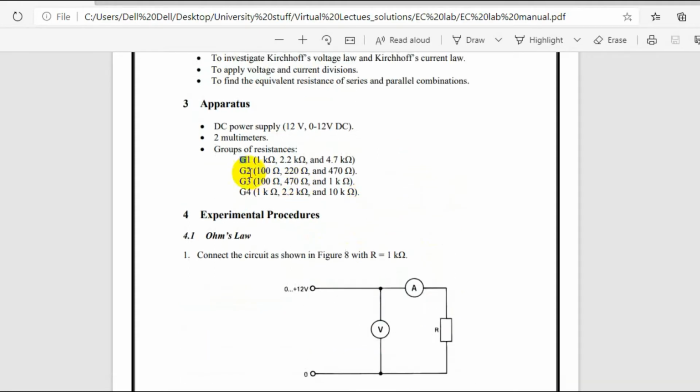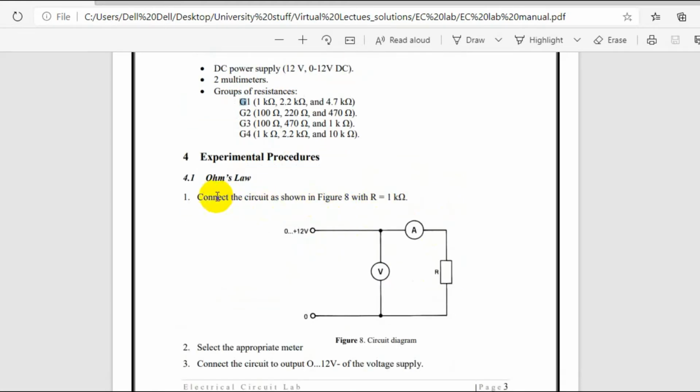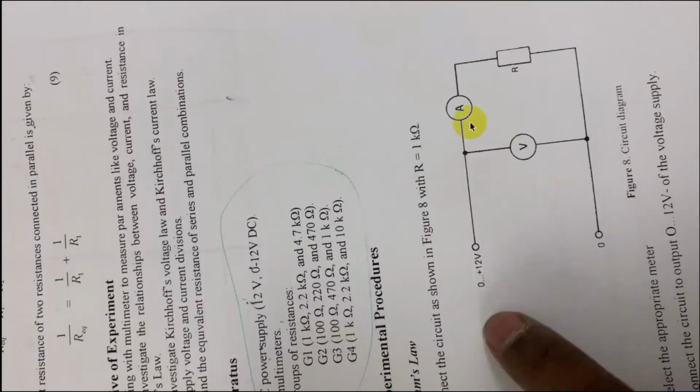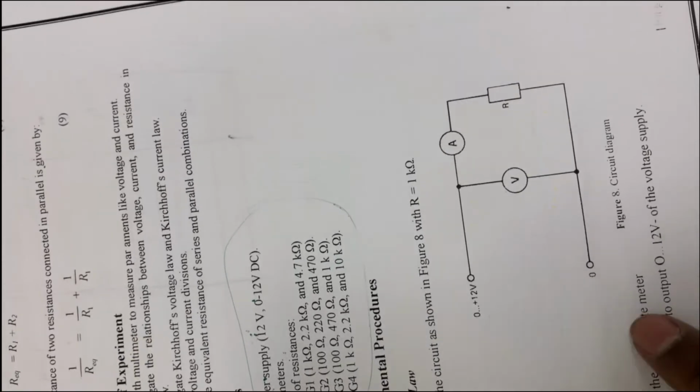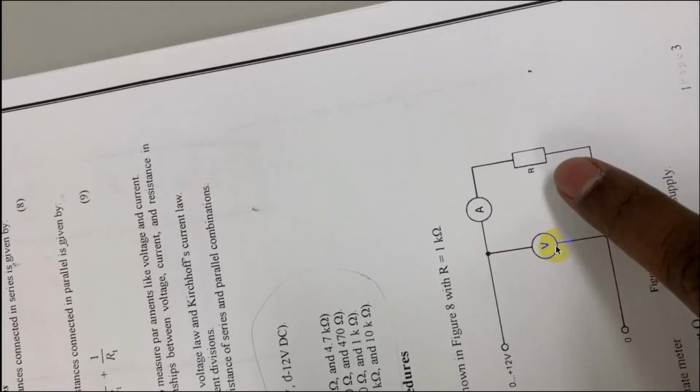Here group 1 resistances are 1 kilo, 2.2 and 4.7. The circuit is connected as shown in the figure, equal to 1 kilo ohm. I will show you the circuit here, how we have connected it. This is the same circuit: voltage, ammeter and the resistor.